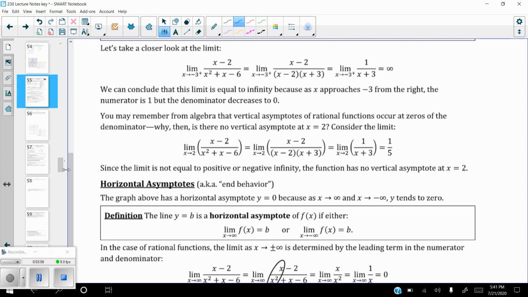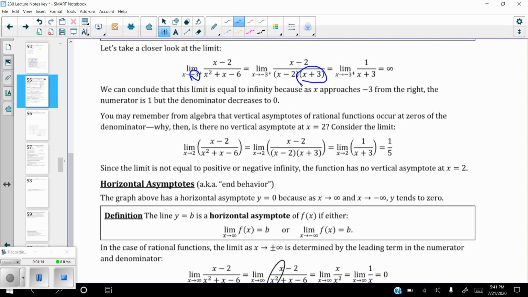So you would get something divided by 0. As long as it's not 0 over 0, we're okay. If you factor it, what you would clearly see is that if I plug -3 into this piece right here, that would give me 0 in the denominator.